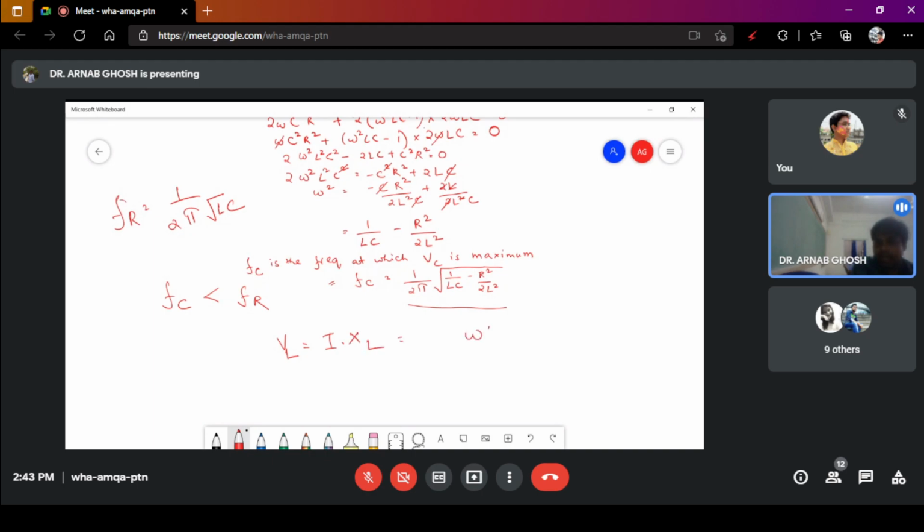XL is omega L and I is V upon root over R square plus omega L minus 1 by omega C whole square. Similarly, you can square this up. You can do V square omega square L square by R square plus omega L minus 1 by omega C whole square.